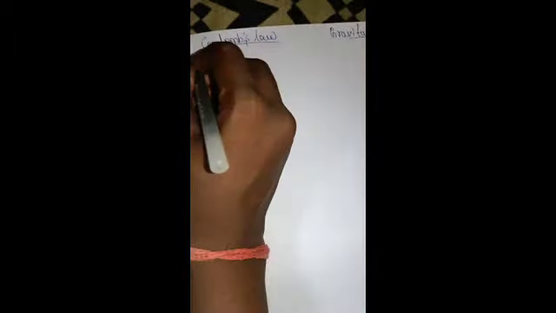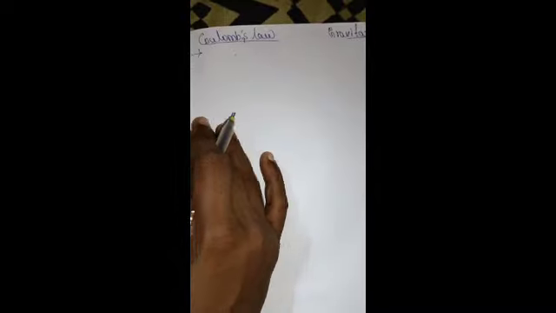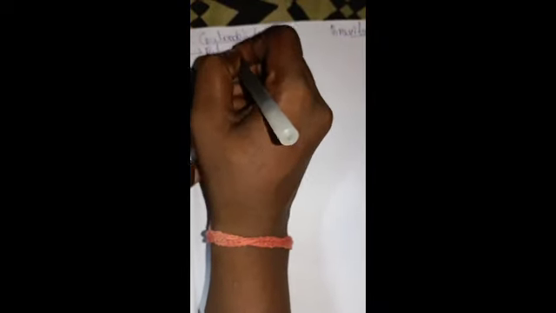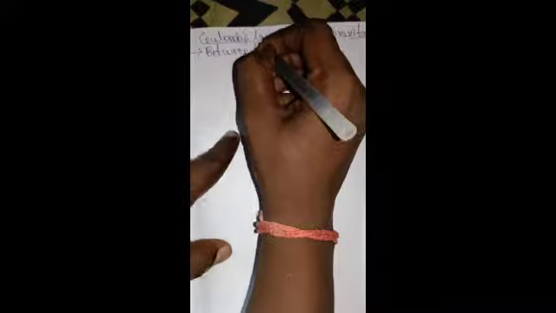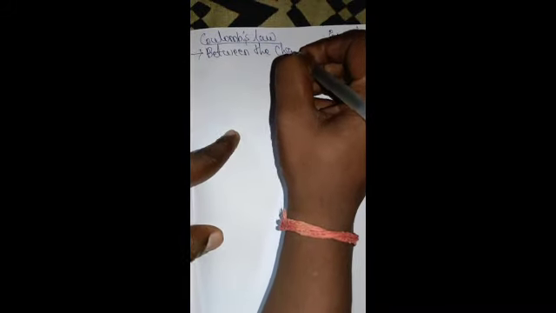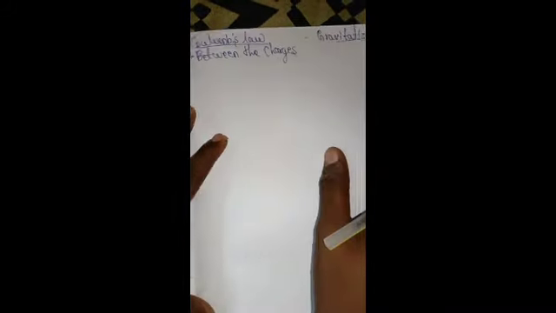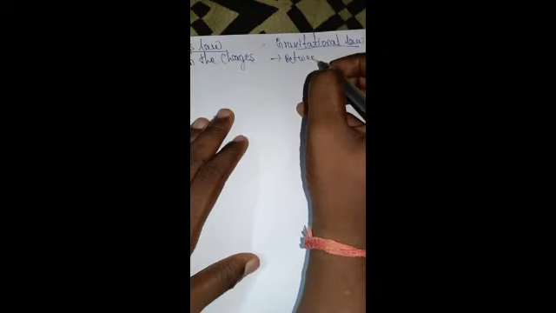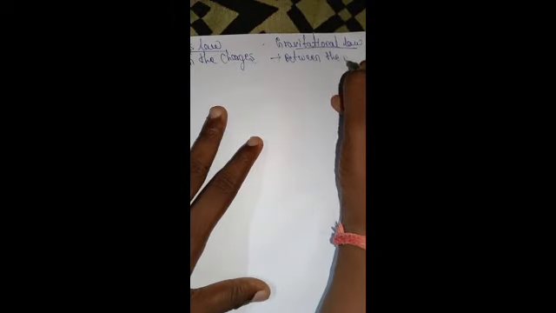First, Coulomb's law acts between the charges, and the gravitational law acts between the masses.